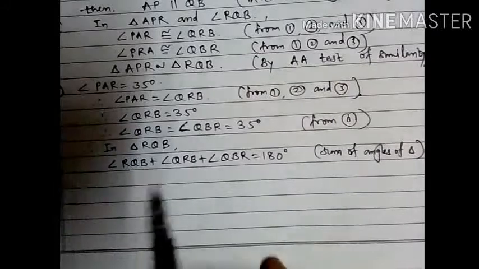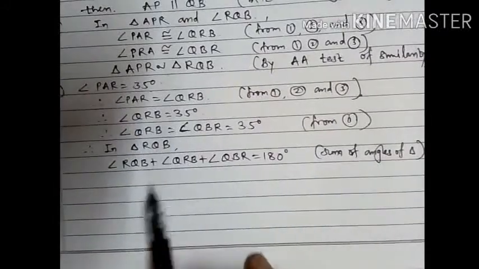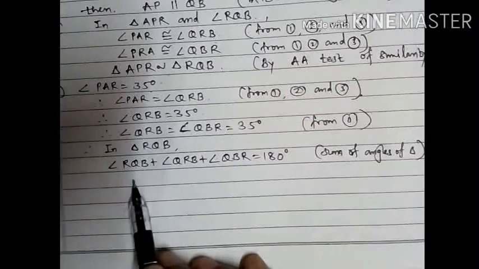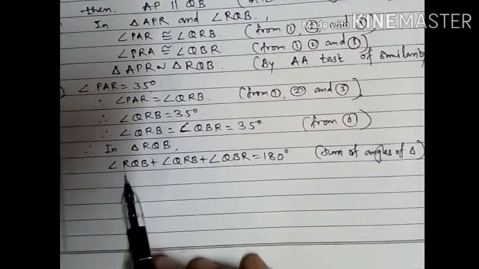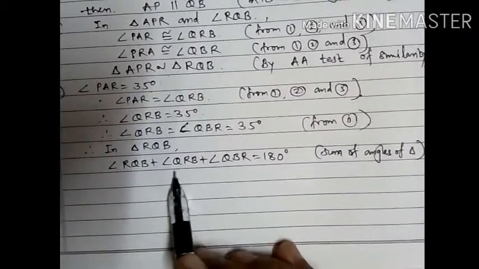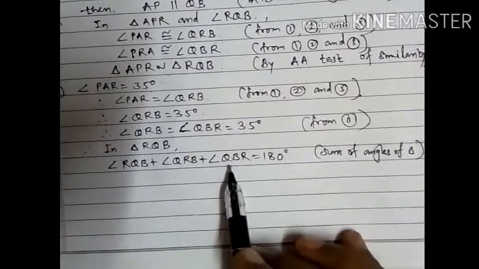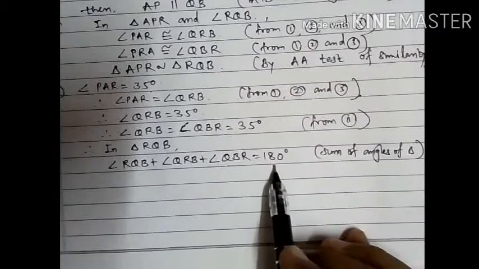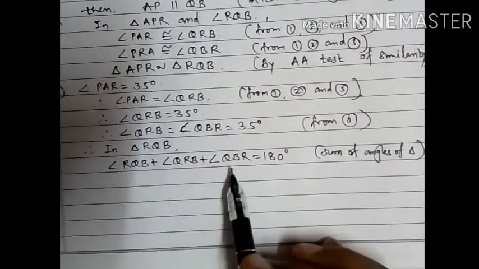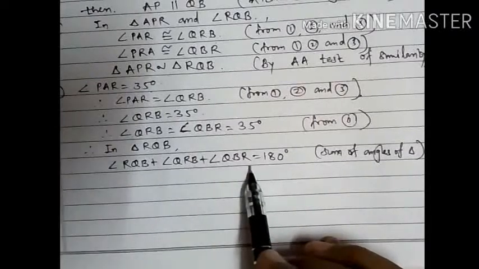Therefore, in triangle RQB, we know that the sum of all angles of a triangle is 180 degrees. Therefore, angle RQB plus angle QRB plus angle QBR is equal to 180 degrees. We know that angle QRB is equal to 35 and QBR is also equal to 35.